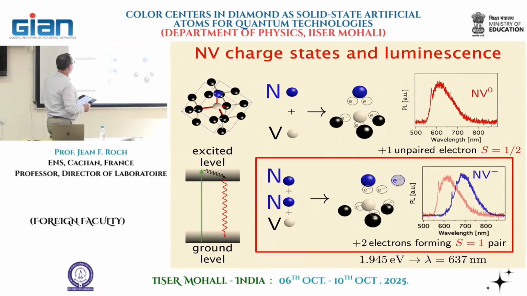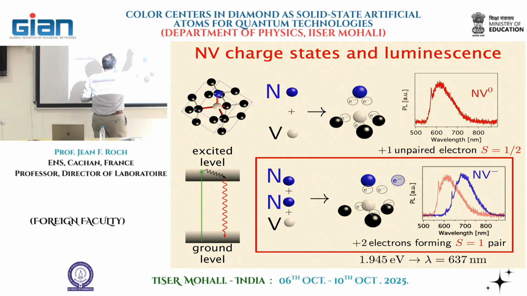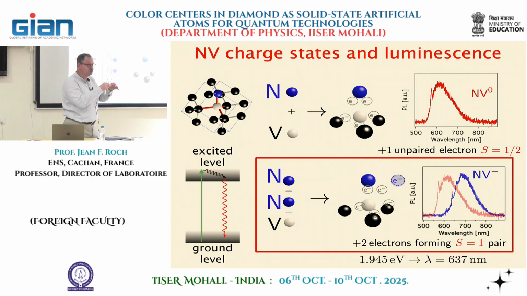Now, if you count the number of electrons, how many electrons do you have? From the vacancy, you have 4 bonding structures. So you have 3 electrons that come from the different carbon atoms that are close to the vacancy.